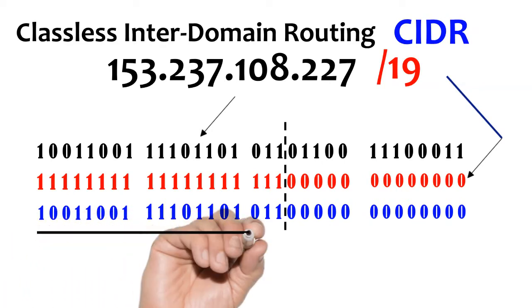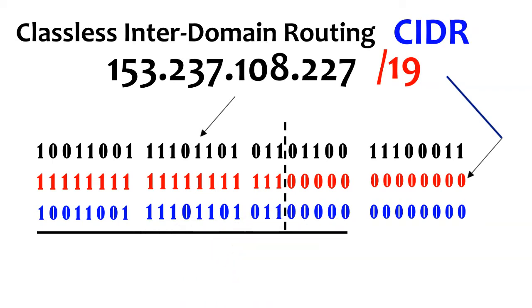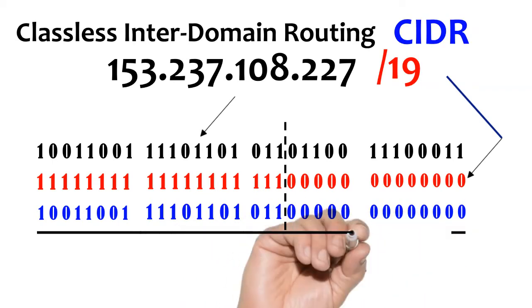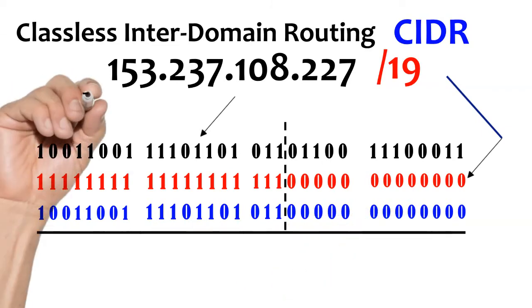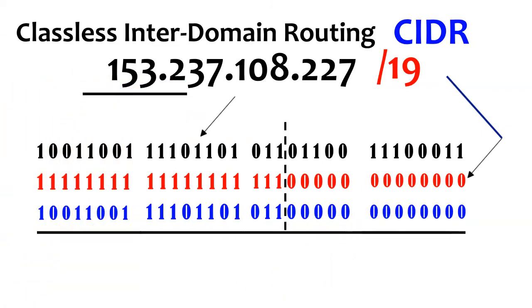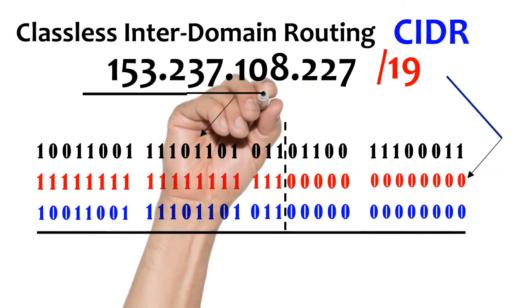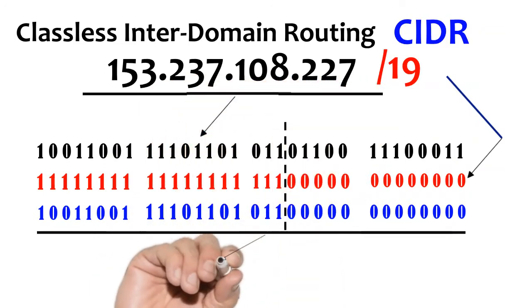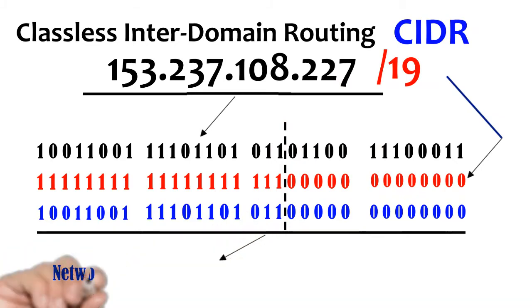So the subnet mask identifies what is the network portion and what is available for the host. And what is available for the hosts? Typically, the entire range of 0 all the way up to 255 in each representative octet.